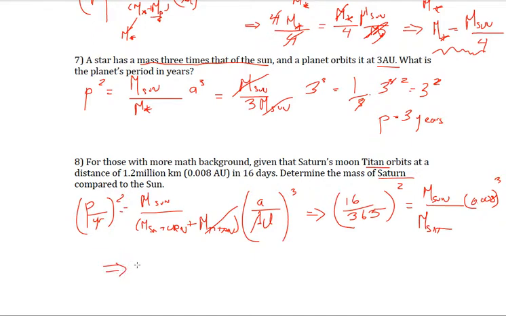Plugging this into a calculator, this is 0.044 squared, which is 1.9 times 10 to the minus 3, equals m sun over m Saturn times 0.008 cubed, and that's 5.1 times 10 to the minus 7.